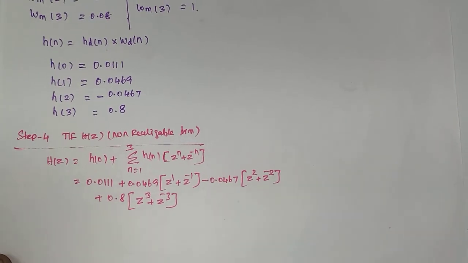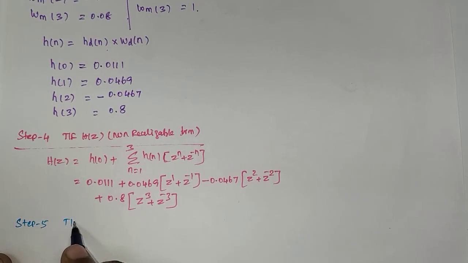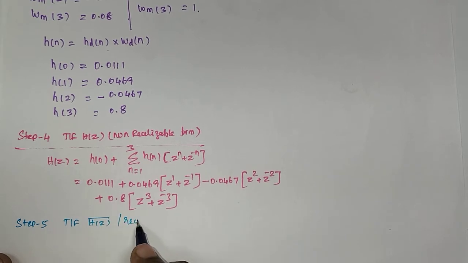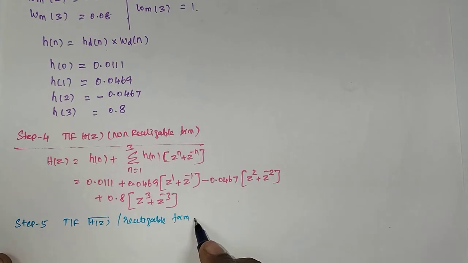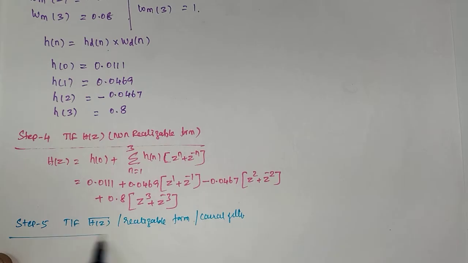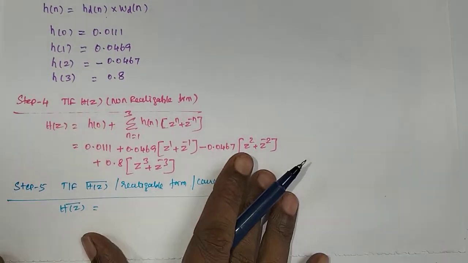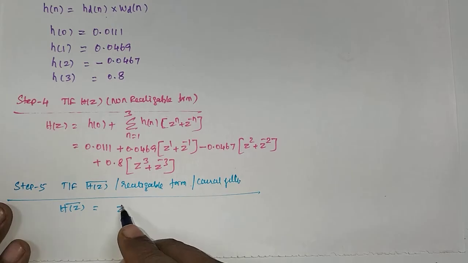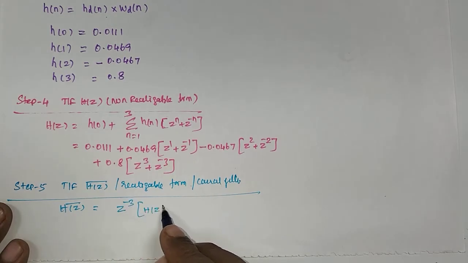Next we have to find the transfer function for realizable form. That is H of z bar, the realizable form or causal filter. That is H of z bar is equal to z power minus (N minus 1) by 2, that is z power minus 3, into H of z.